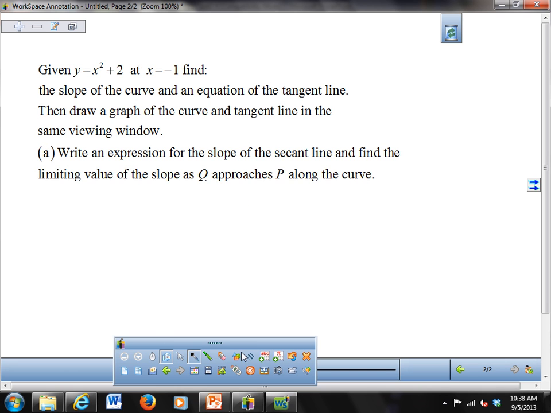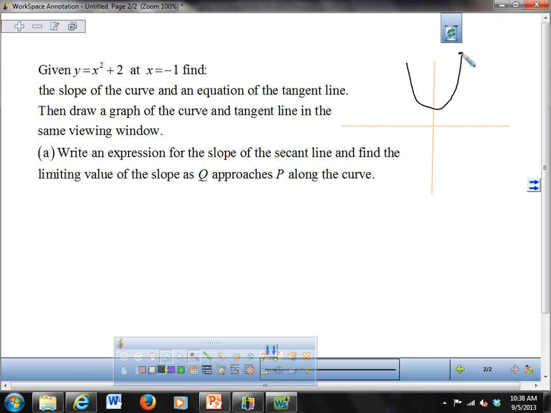So if I were to graph this, let's graph it over here. I should use solid lines. Okay, so y equals x squared plus 2. That kind of looks like a parabola, right? And it goes through 2, something like that.